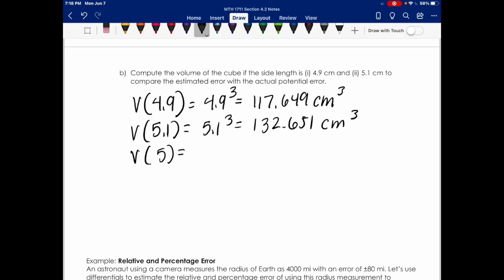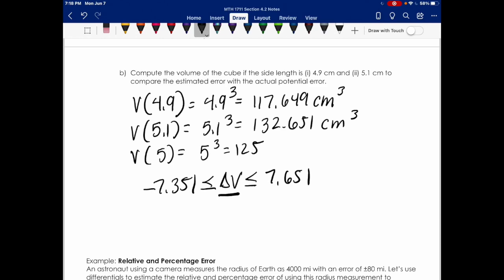Now, if I find what the volume should be right at 5, if I actually measure it accurately, I take 5 and cube it, and that gives me 125. So my change in volume is actually going to be between 7.651 and negative 7.35, because if I take my overestimation, which is the 132.65, and subtract the 125, that difference is going to be 7.65 centimeters cubed.